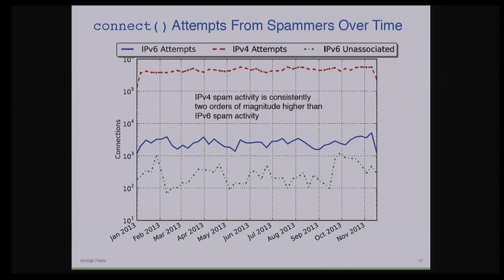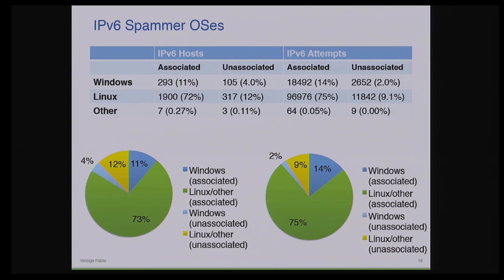But basically what you see here is we had somewhere on the order of thousands of connect attempts per day for V6, and then 2 orders of magnitude higher of V4 attempts. So about 100 times more V4 attempts than V6 attempts at the sensor MTA. Okay, and so what we see from that last slide is simply that the traffic is not negligible. There certainly is something there. It's dwarfed, of course, by the V4.